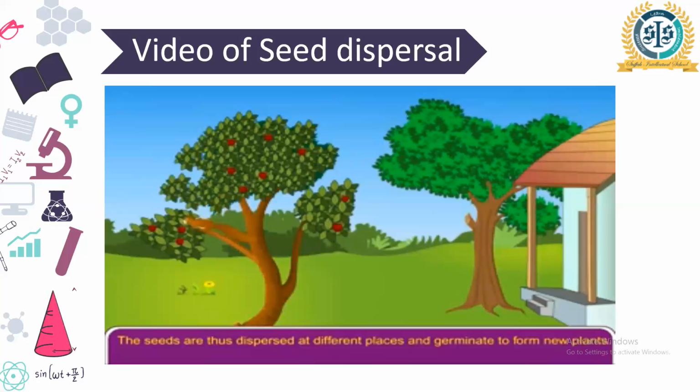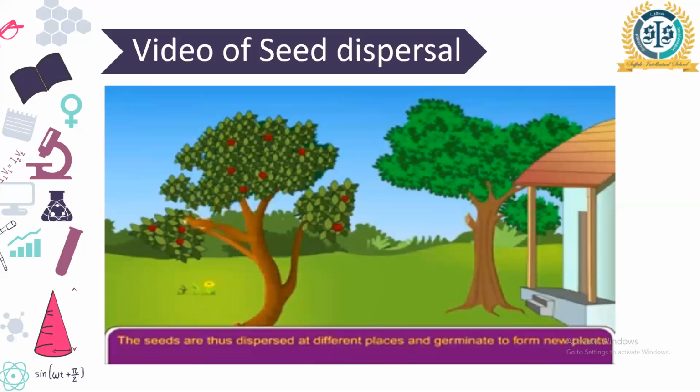I also told you how the wind or the water helps us to disperse the seed. Like in the case of wind, we have the example of dandelion. And in the case of water, we have the example of coconut plant, because these coconut plants are mostly grown near the ocean water, and their fruits fall into the water.